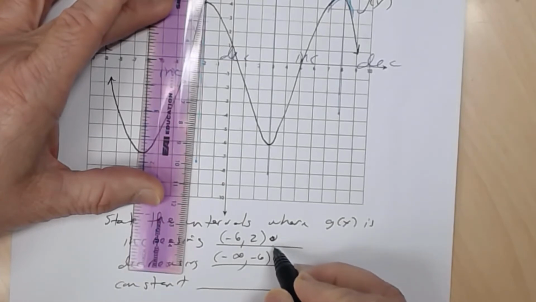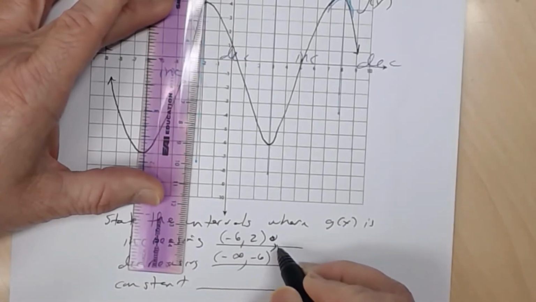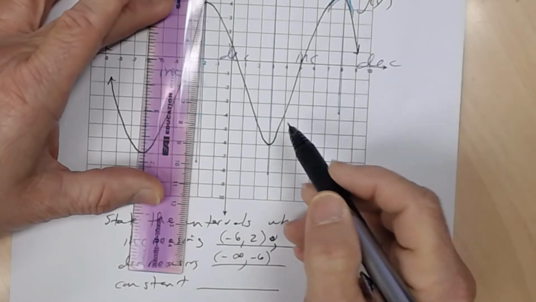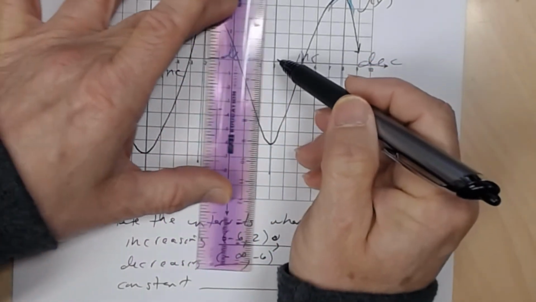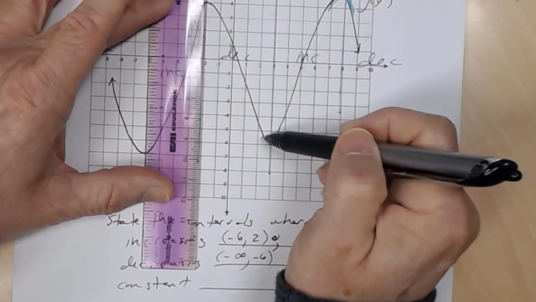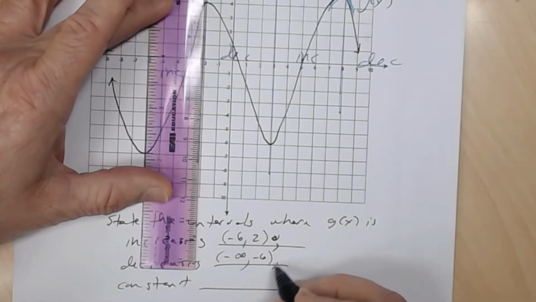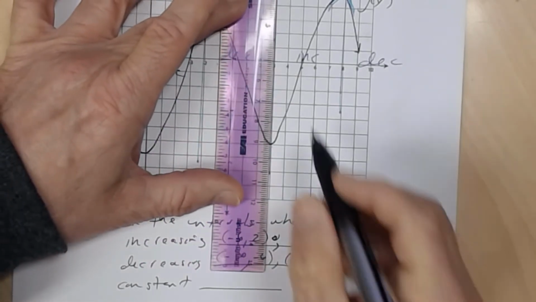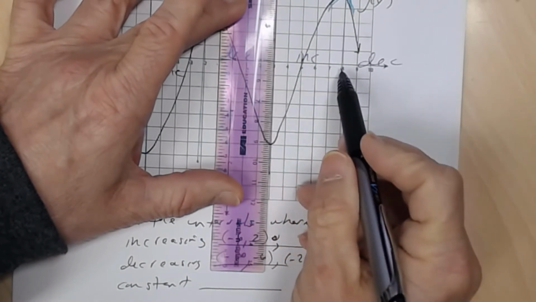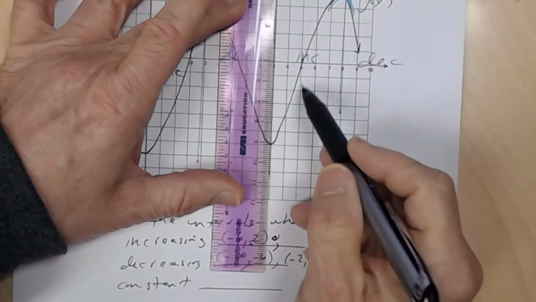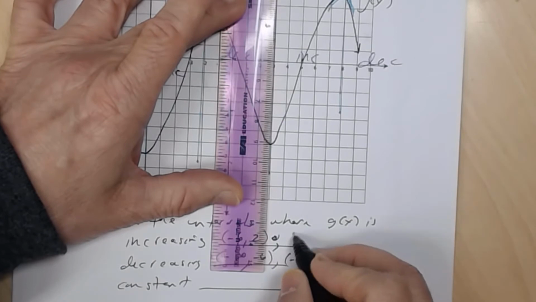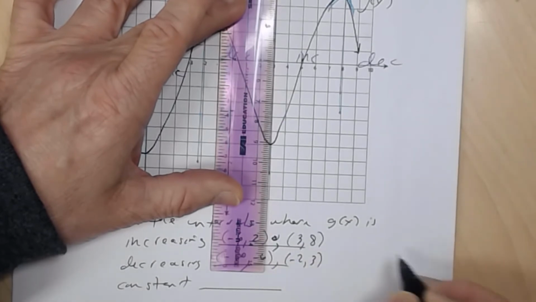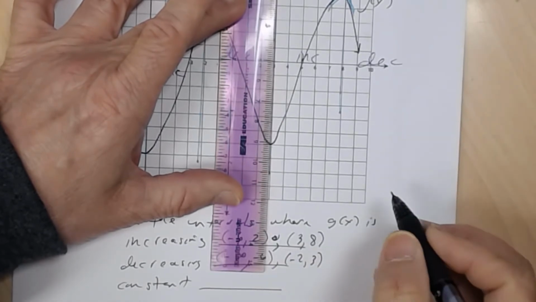And then, remember MyMathLab, so let me go ahead and put commas because you've got to do exactly what MyMathLab says. So I'm going to put a comma here. And then from -2 to 3, what are those y values doing? Decreasing. So -2 to 3. And then from 3 to 8, what are those y values doing? Increasing. So from 3 to 8, your y values are increasing.